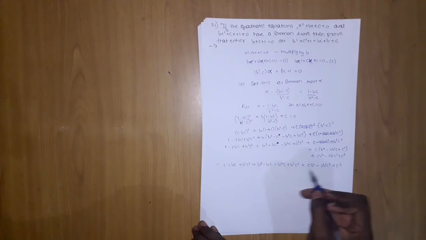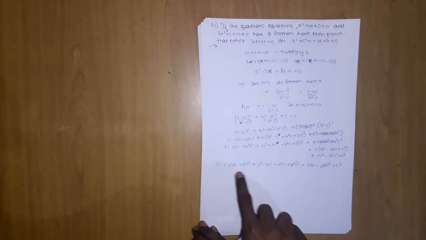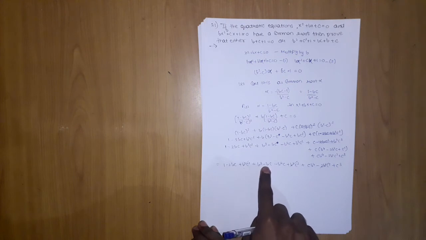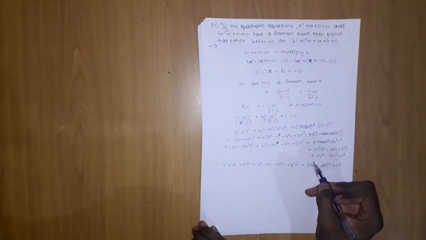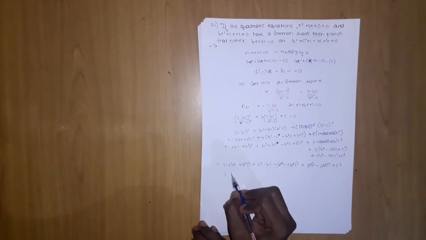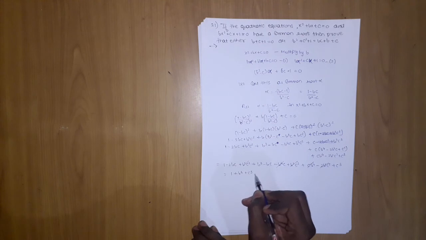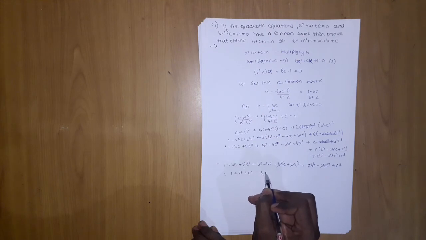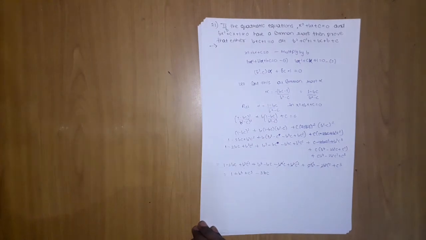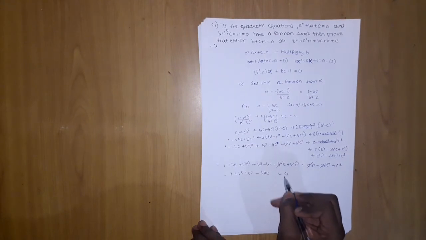If I add this, then these 3 will cancel out. Now this and this will become minus 3, and these 2 are cancelling out. So here 1 plus b cube plus c cube minus 3bc is equal to 0.